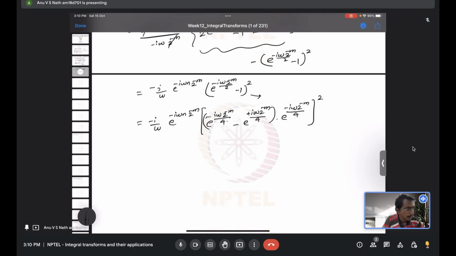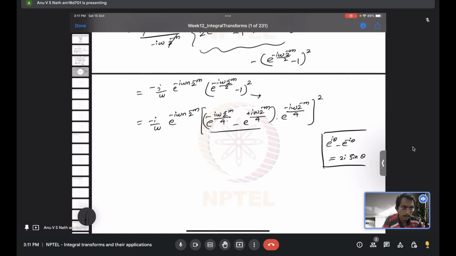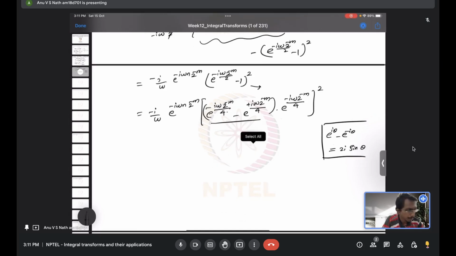So why I wrote like this is that now this term can be like, if you remember, e raised to i theta minus e raised to minus i theta, divided by 2i, or this difference of the exponentials is 2i sine theta. So we'll use this equation here. So it's minus i by omega e raised to minus i omega n 2 raised to minus m.